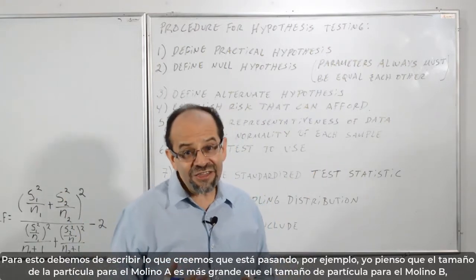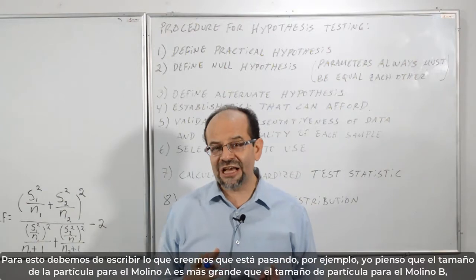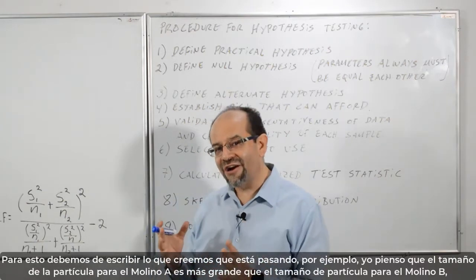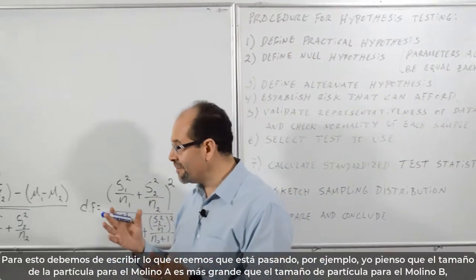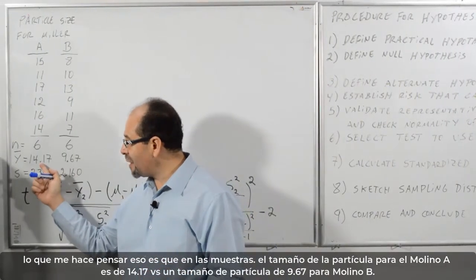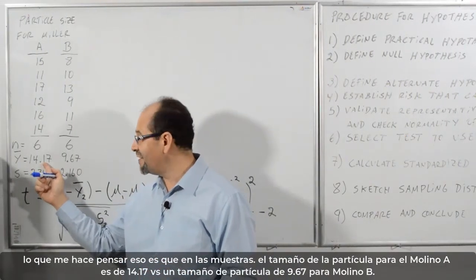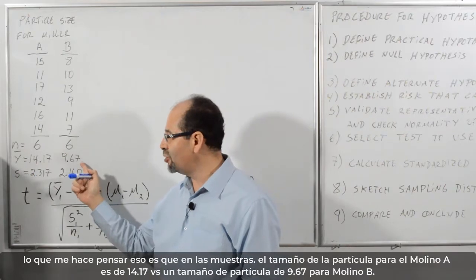For instance, I think that the particle size for Miller A is bigger than the particle size for Miller B. And the reason is that the particle size is 14.17 for one and 9.67 for the other.